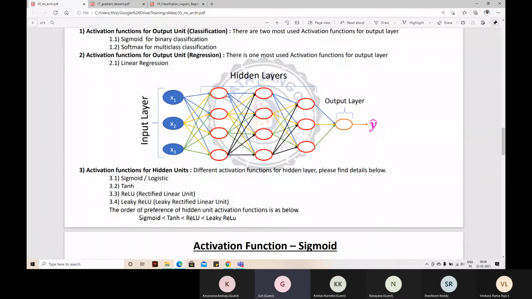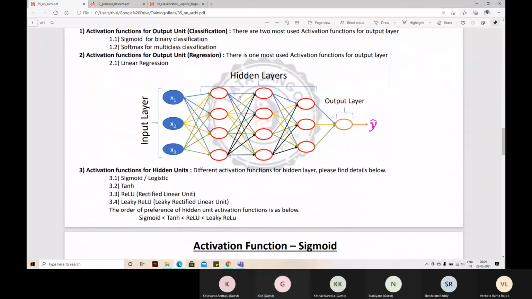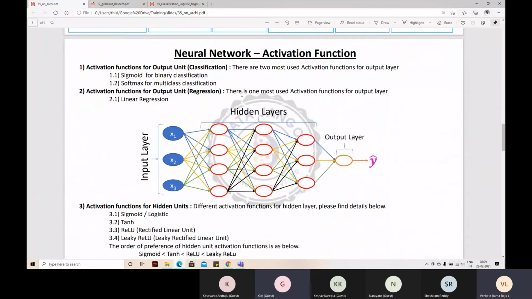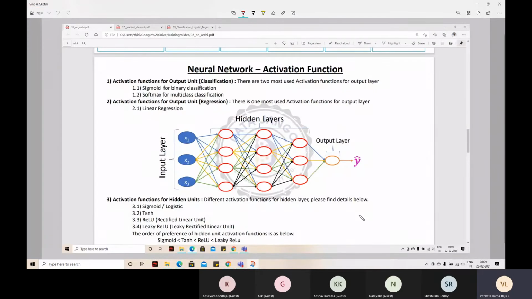Can you please show us the derivative of this first layer, sir? Backward propagation. Yeah, let me try to write it down. So once it becomes 0, that's it. That node will not be considered anymore.